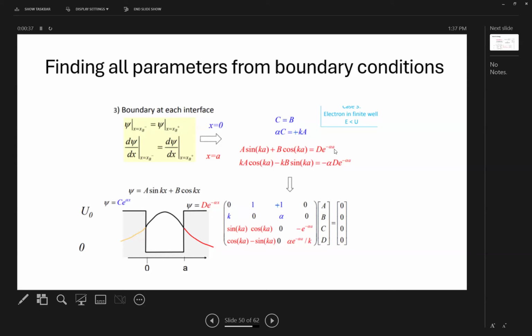So, in the previous class, we discussed how to find the wave functions for an electron in a finite potential well. If you remember, in the case of an infinite potential well, you have a well which has zero potential at the very bottom, but outside of this area, you have an infinite wall.